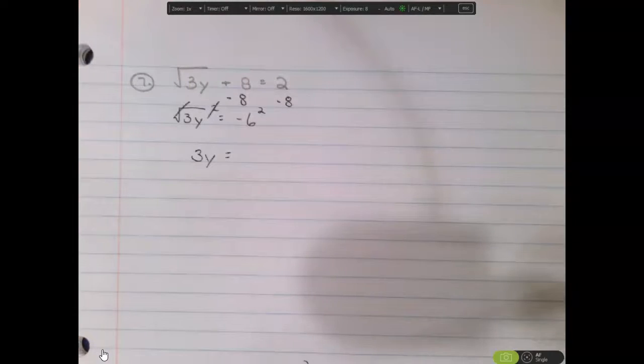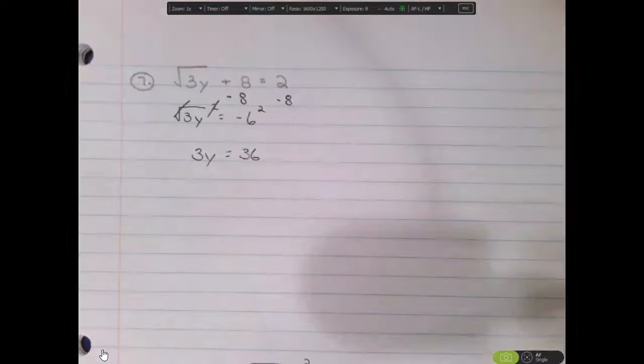The radical and the squared symbol cancel one another out. So I have 3y is equal to negative 6 squared. Well, what's negative 6 times negative 6? That's going to give you 36. Now what? Divide by 3.